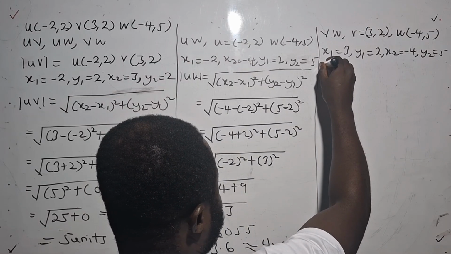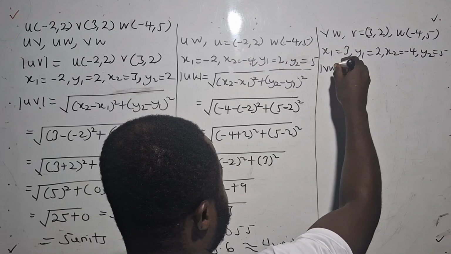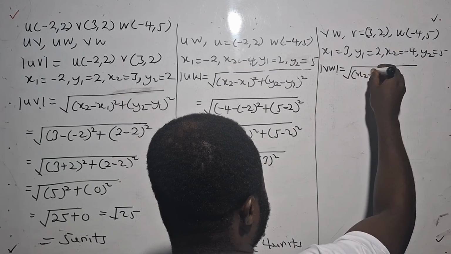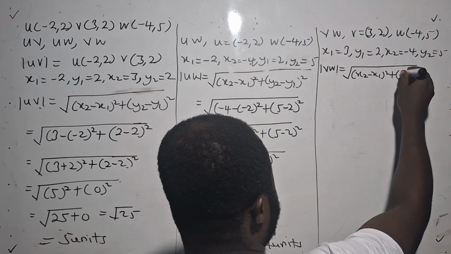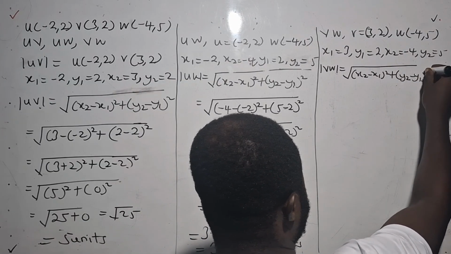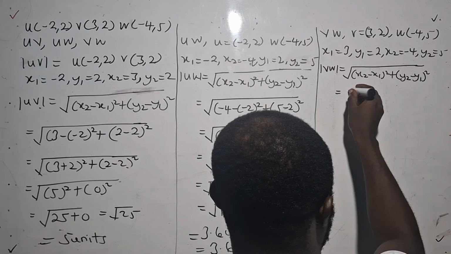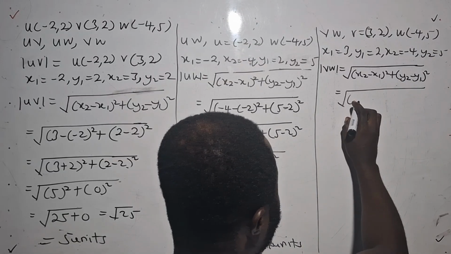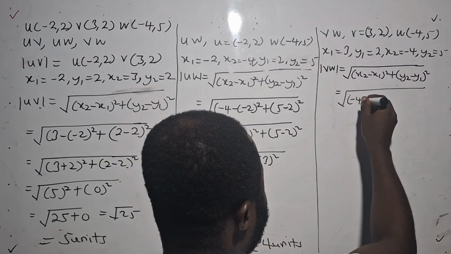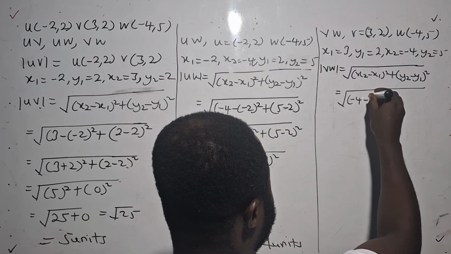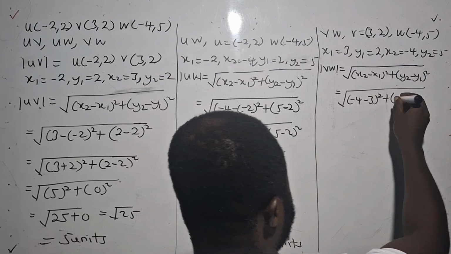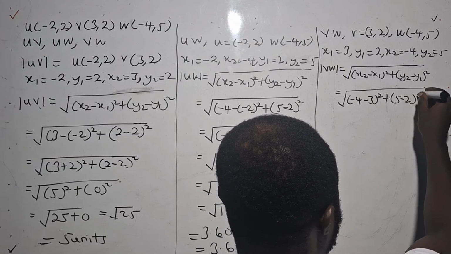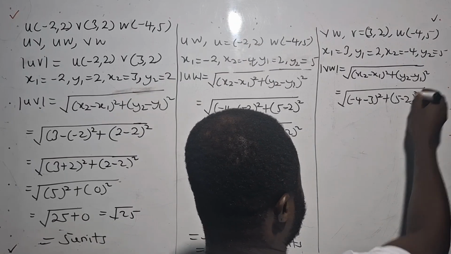The length of VW, the formula: x2 minus x1 squared, plus y2 minus y1 squared. So x2 is negative 4 minus x1, 3 squared, plus y2 5 minus y1 2 squared.